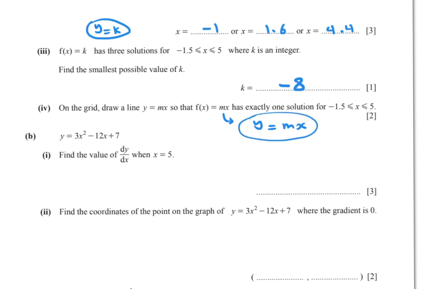You have a choice. You can draw any line, on one condition: that this line intersects the curve at 1 point. Because c equals 0, this line passes through the origin. So I need to draw a line passing through the origin and intersecting the curve at 1 point.